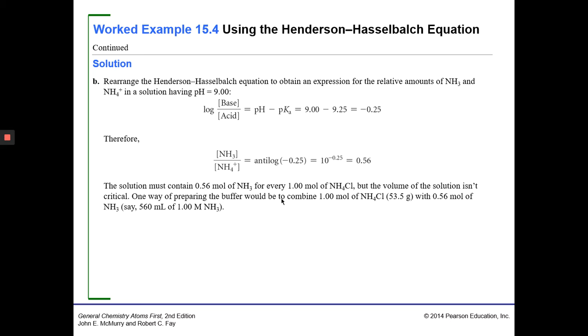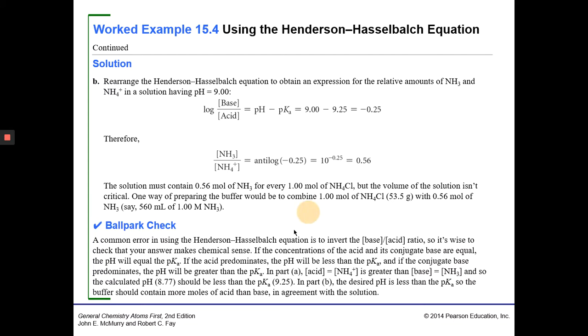For part B, again, we would use the Henderson-Hasselbalch equation. But this time, we know what the pH is, and what we want to do is solve for this ratio of base to acid. We want to prepare a buffer of pH 9, and the pKa is 9.25, so we rearrange this.